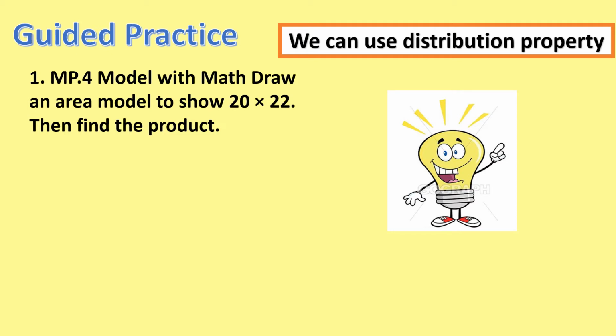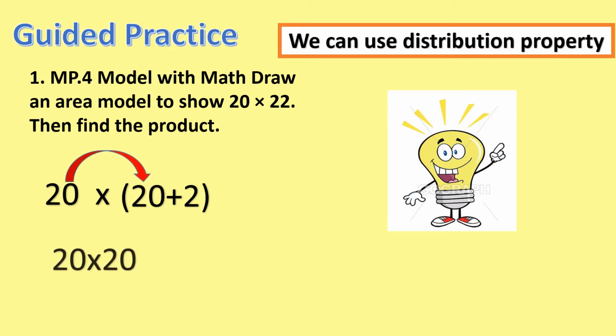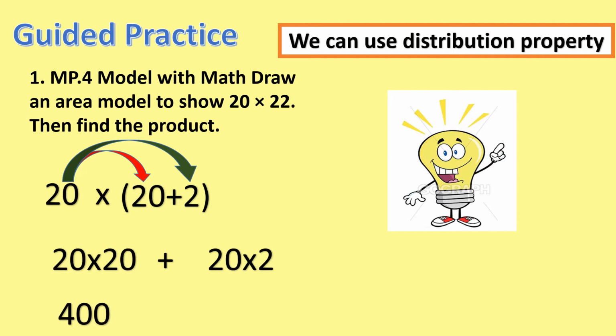So we write 20 as it is, and we know that 22 can be broken into 20 plus 2. Then you multiply 20 times 20 plus 20 times 2. The first part will give us 400, the second part 40. The last step is to add the two numbers together to get the product 440.